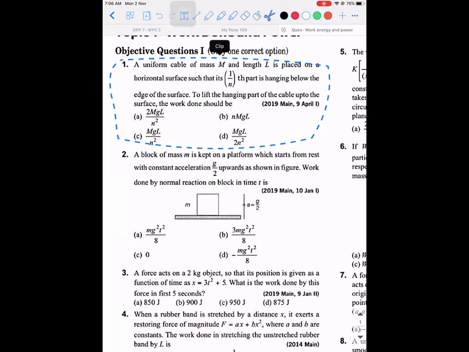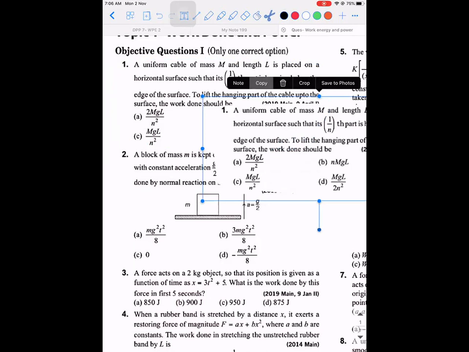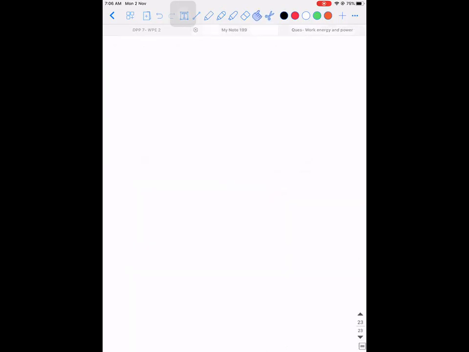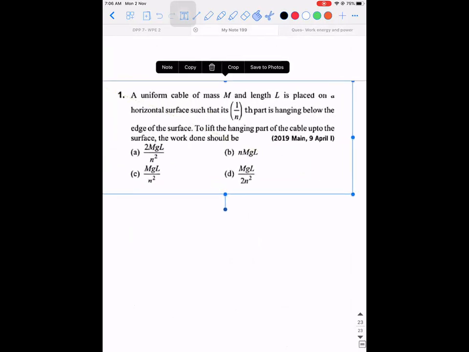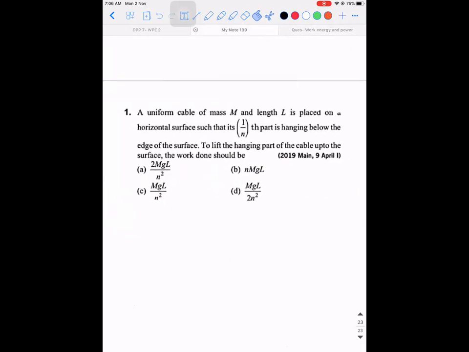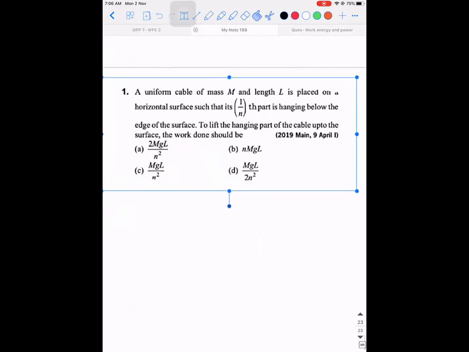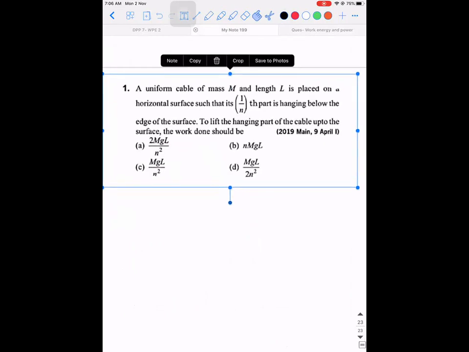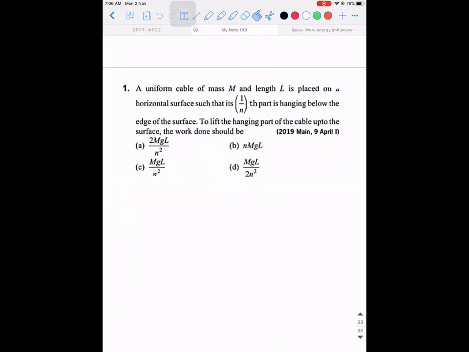So we did this kind of problem the other day. What is the answer?